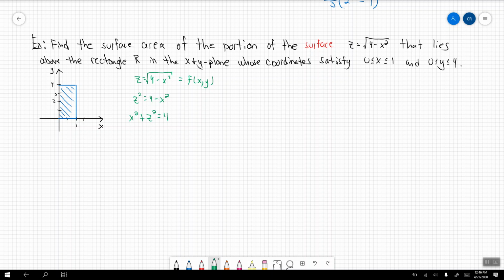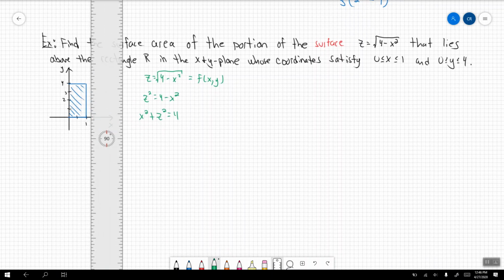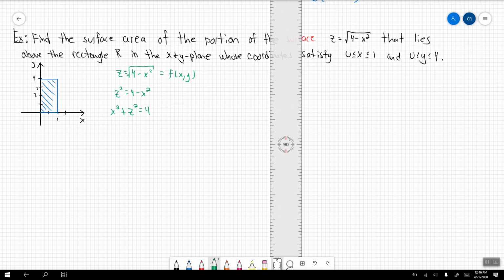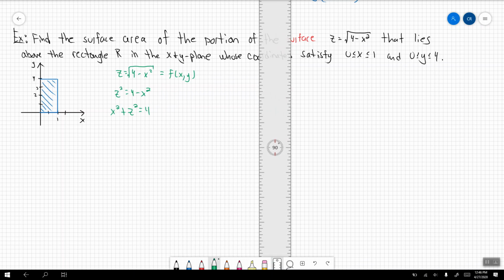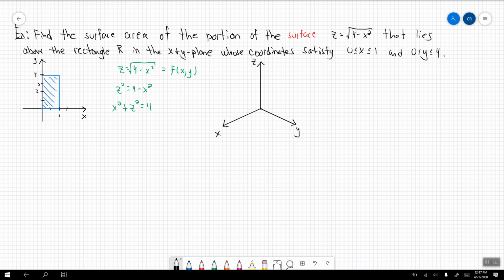So now that I have this, I want to start looking at this cylinder. In order to look at that cylinder, I need my coordinate system. So that's exactly what I'm going to do. I'm going to draw my coordinate system here. Alright, so here's my x, y, and z. And again, I'm going to have these circles moving around the y-axis because we only have x's and z's, with a radius of 2.